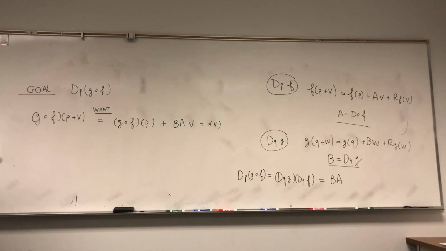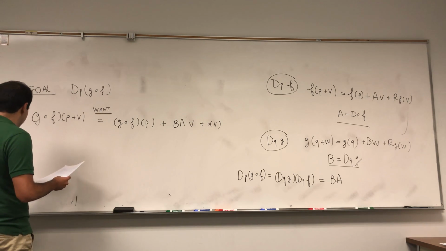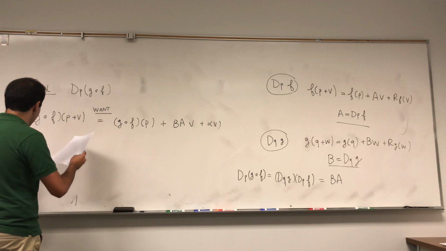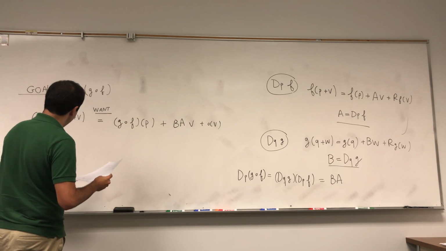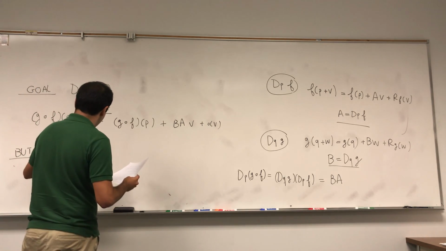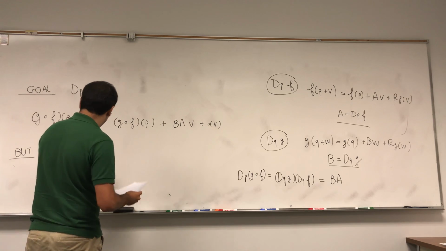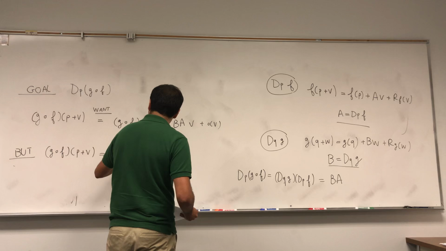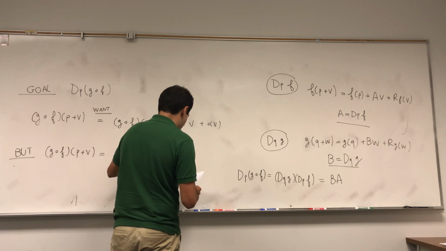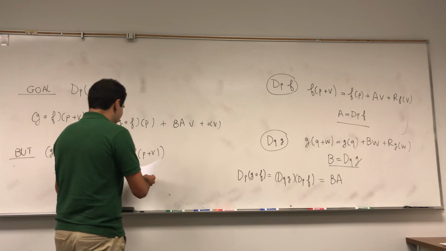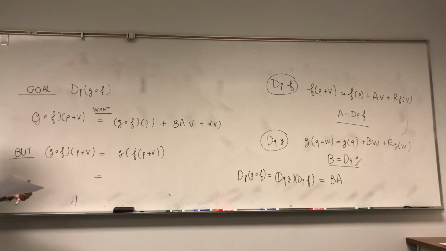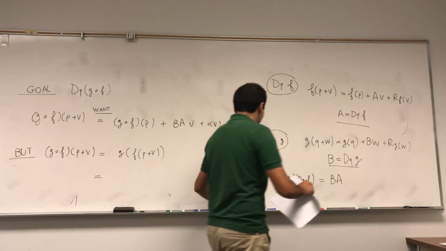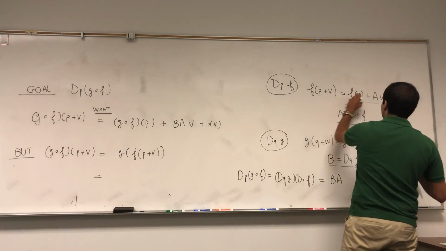So that's all we need to do, and I promise you it's really not that bad. Because what is this thing? G composed with f of p plus v. Well, by definition of composition, it is g of f of p plus v. But again, we have an f of p plus v, so we actually can use this expansion here.